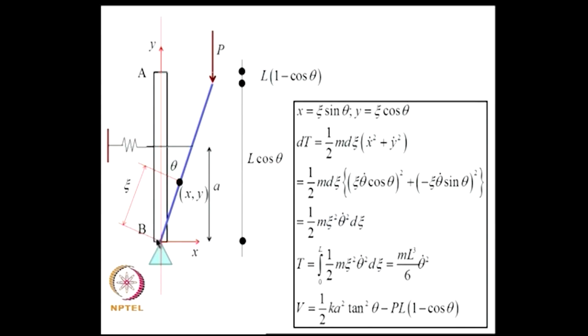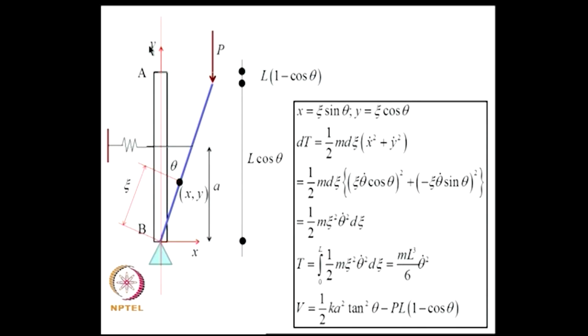So, we will consider a point x, y, and along this bar I choose a coordinate xi. So, x is xi sin theta, where theta is this angle of the axis of the deformed rod to the vertical, and y is xi cos theta. So, x is here and y is there.